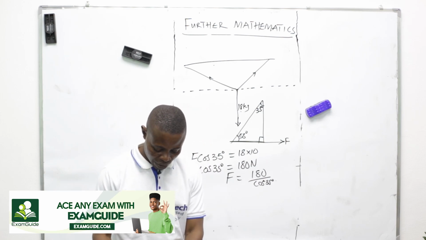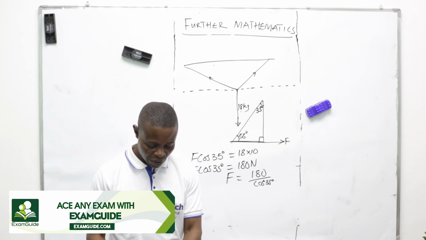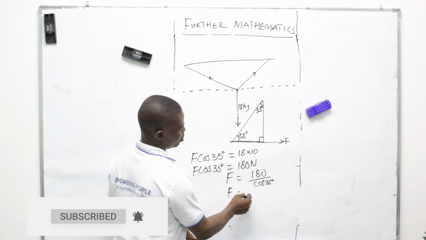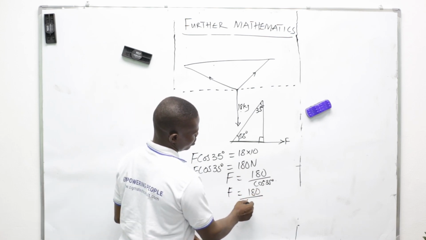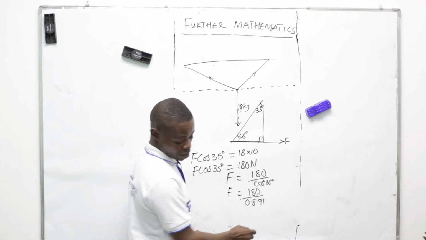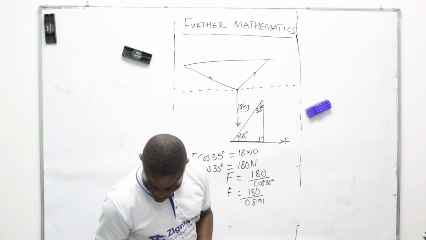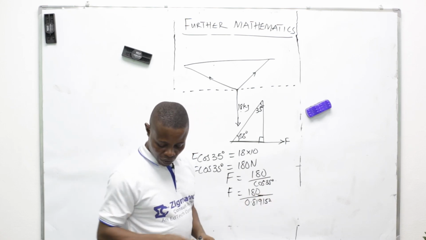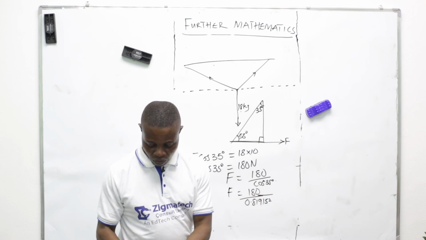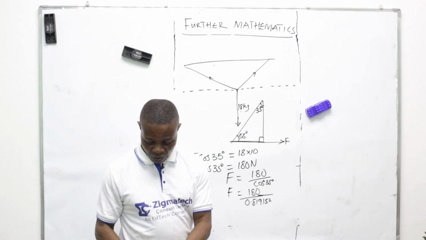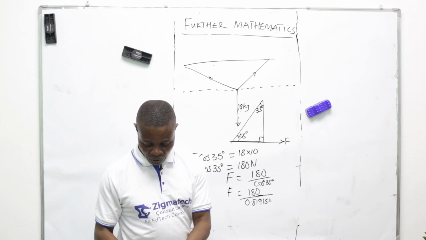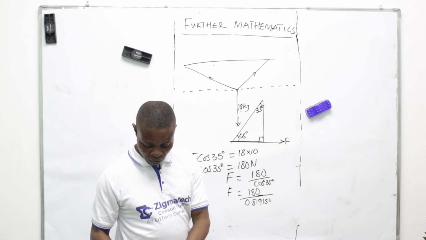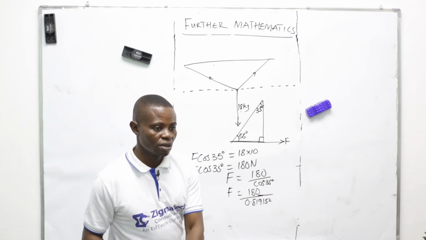So cos 35 degree is 0.819152. So 180 all over 0.819152 is 220.